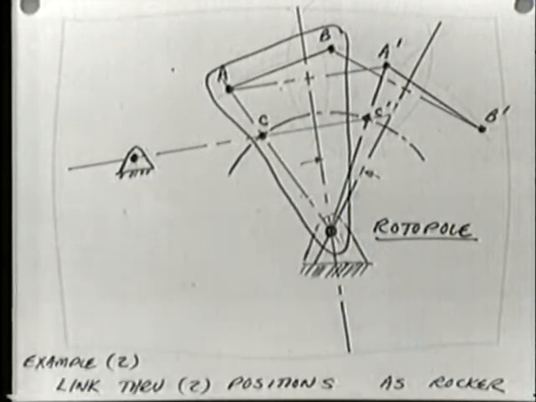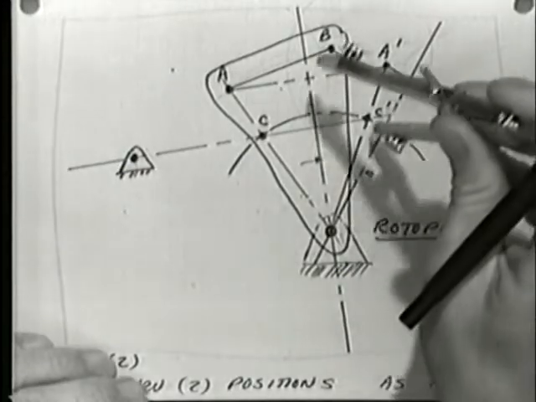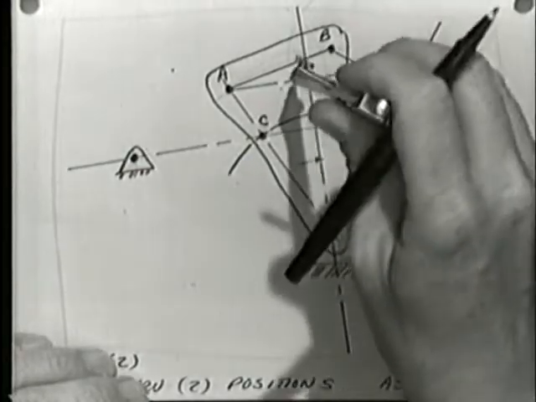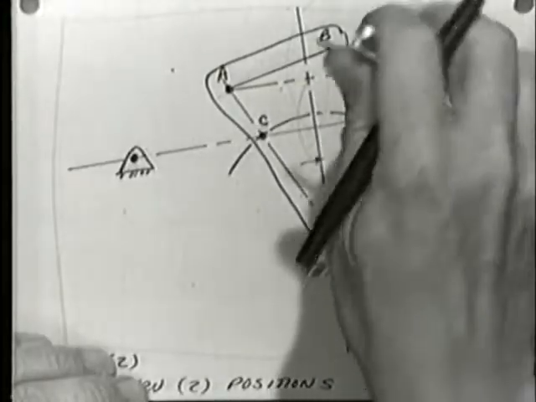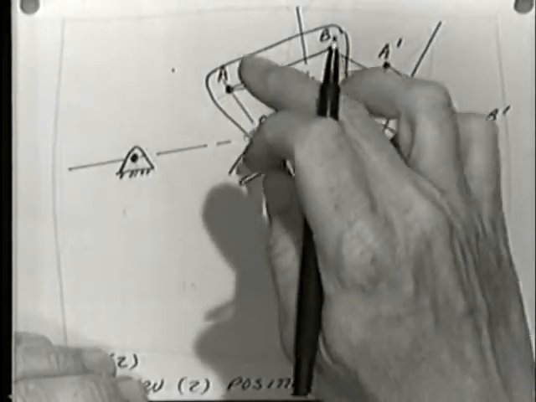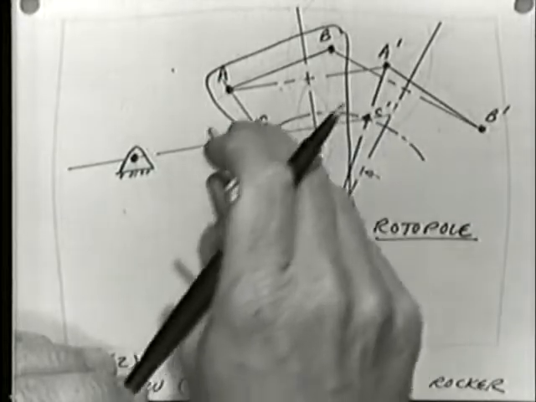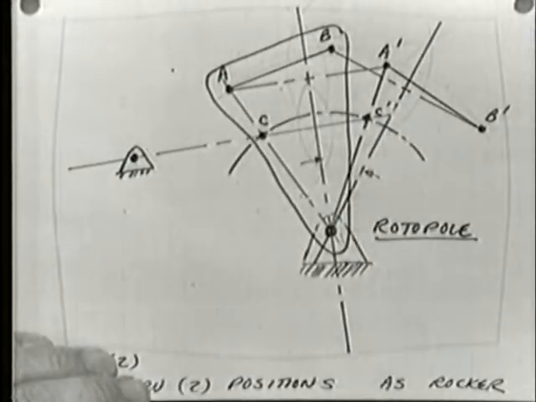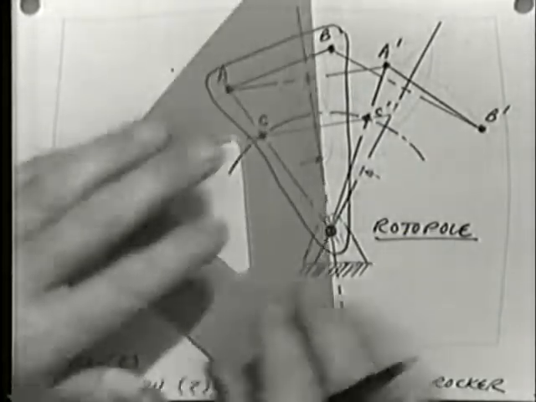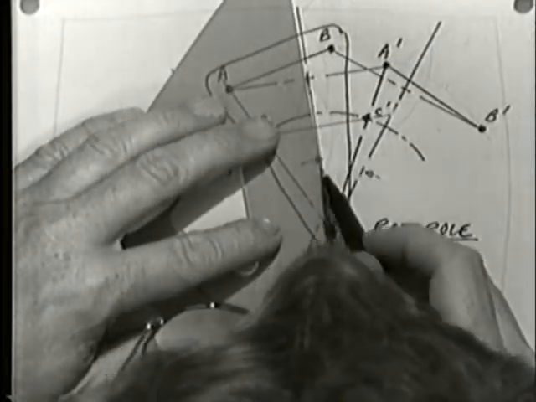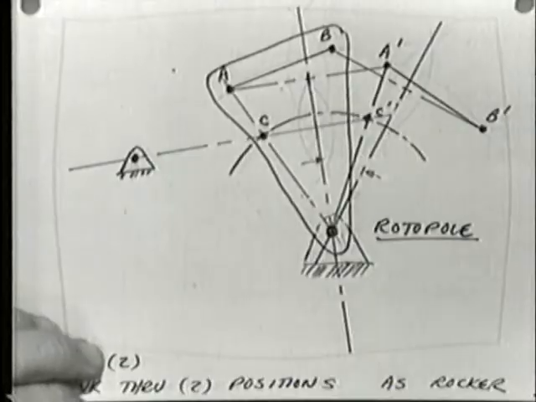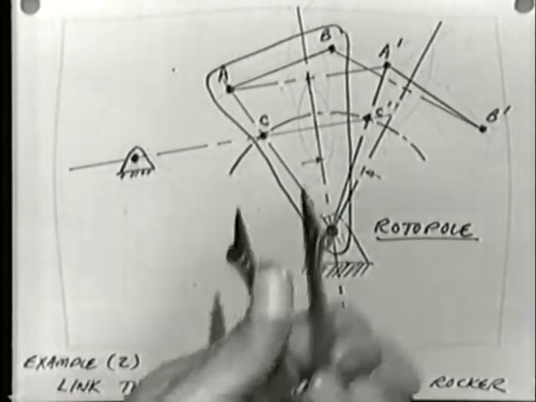Remember, this is so far only the rocker. I'm now trying to find the crank and the coupler to go with it. Well, as we saw before, the length of the crank will be, if I want no quick return, exactly equal to half the distance CC prime. And it looks like it's that line right there. There's the perpendicular bisector of CC prime, right here.